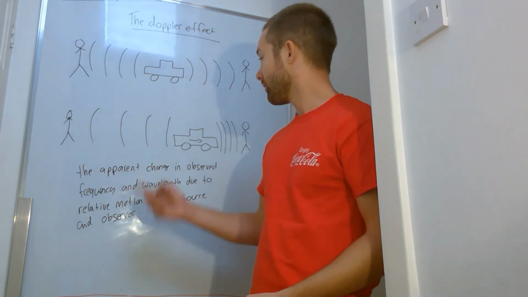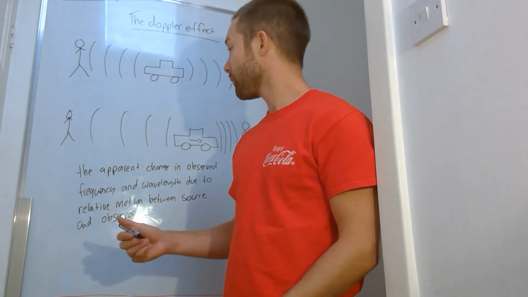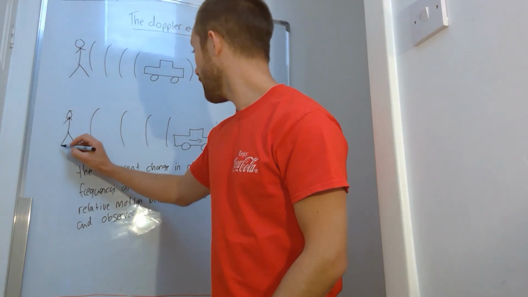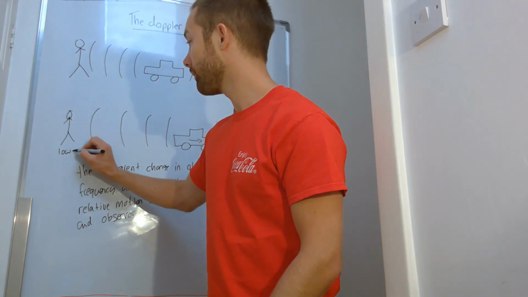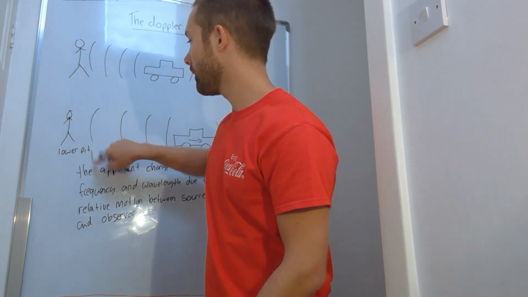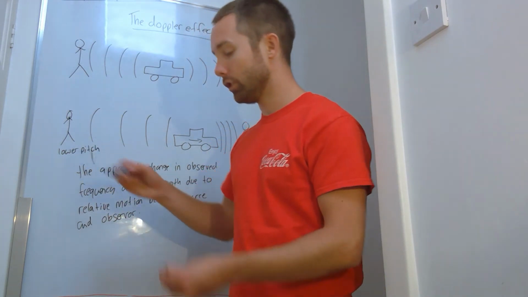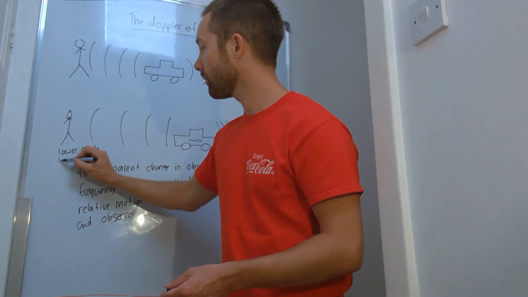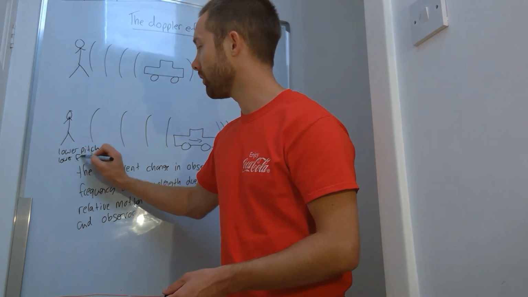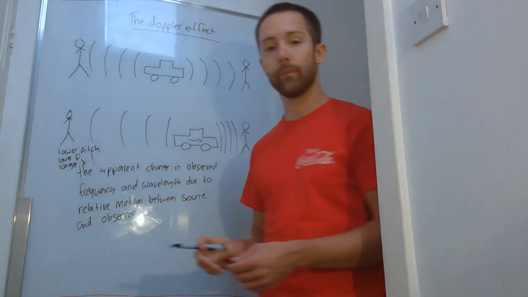So here, we're going to say that if the source of the sound is moving away, this person will experience a lower pitch, a lower pitch sound, okay, because they've got a lower frequency and a longer wavelength, okay?